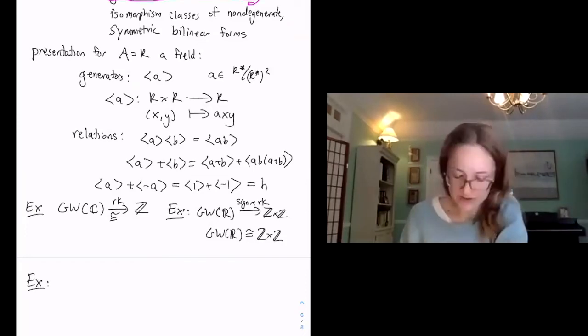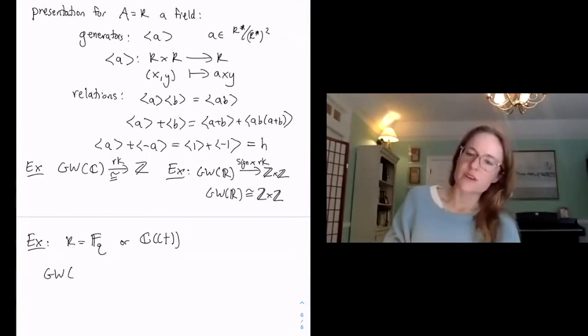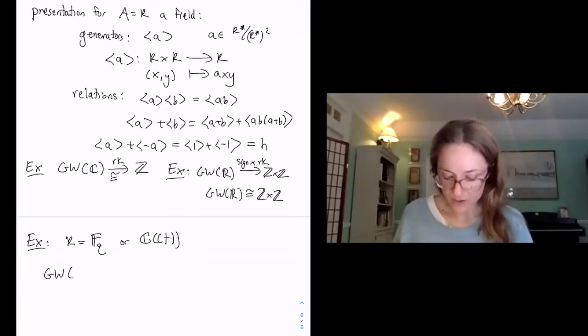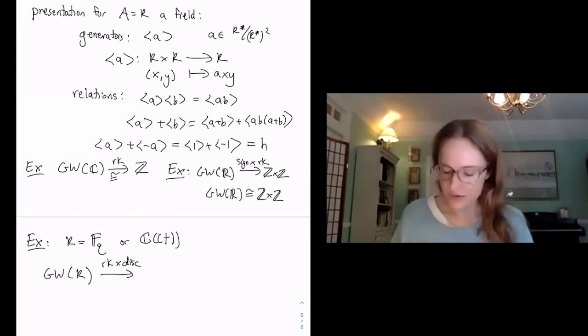For fields like a finite field with q elements or C((t)), we have that the first two invariants of quadratic forms, coming from the Milnor conjecture invariants, give the whole Grothendieck-Witt group. The first two are the rank and the discriminant. That's a determinant of the matrix when you write the bilinear form as a matrix.